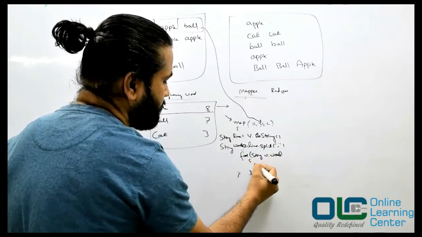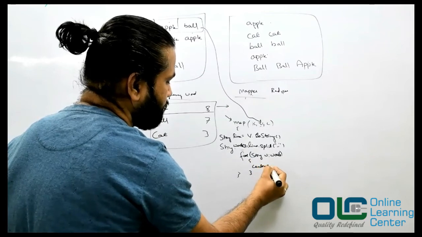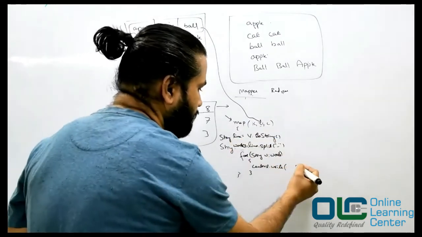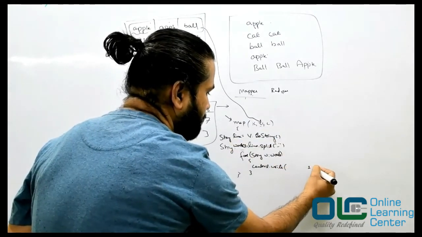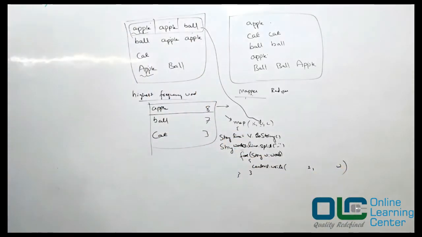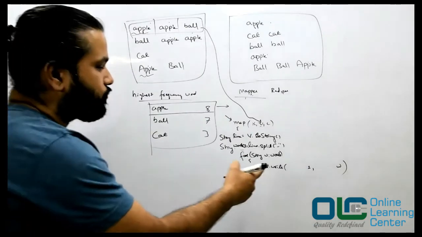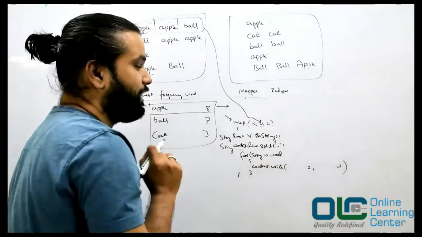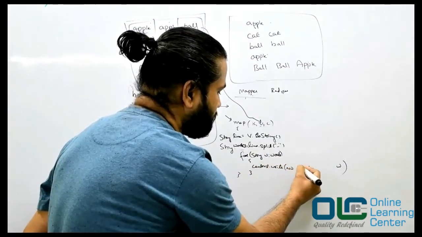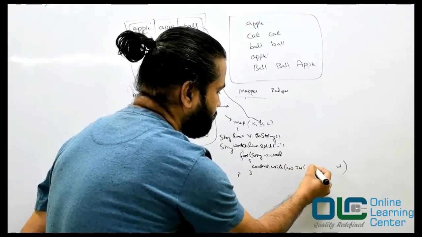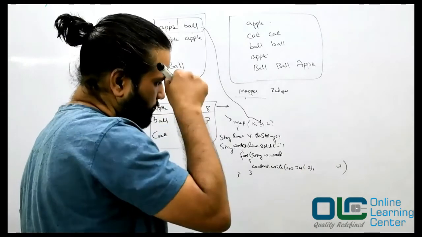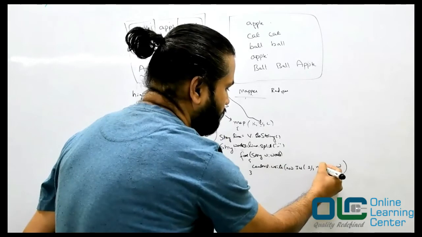And here you will simply say context.write, key let me keep 1, and value let me keep w. For the 1, I want integer type of data to be sent, so I'll say new IntWritable. Similarly, this word is a string and I want to send it to the further layer, so I would say new Text.